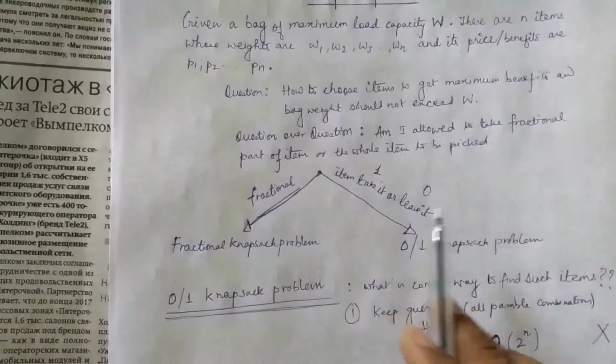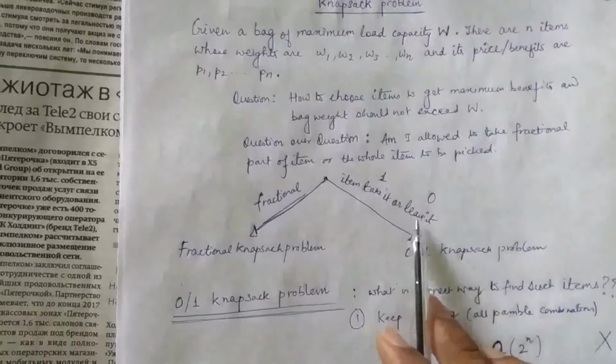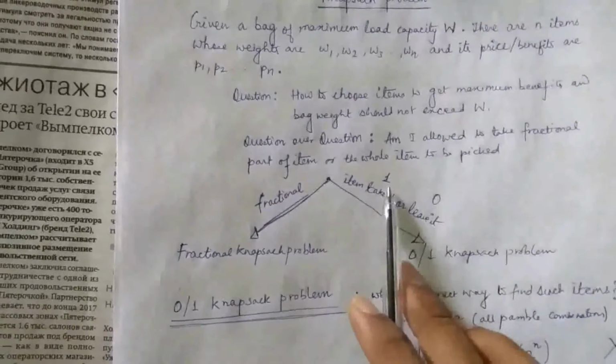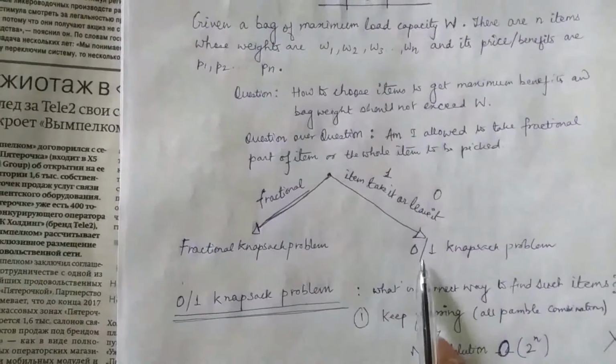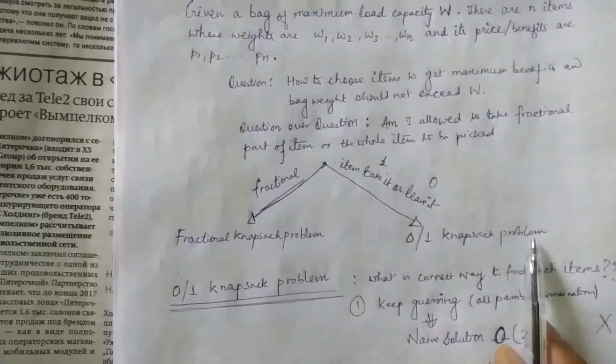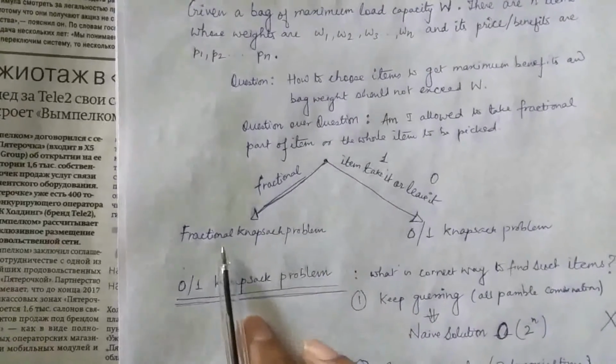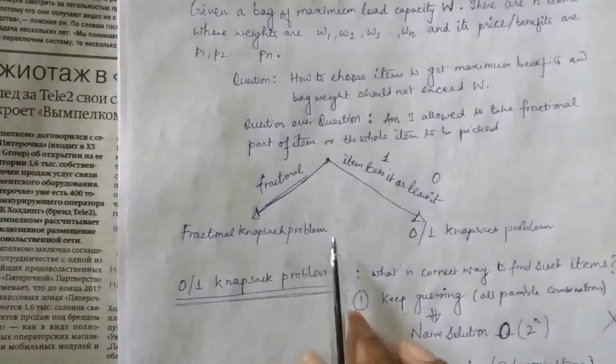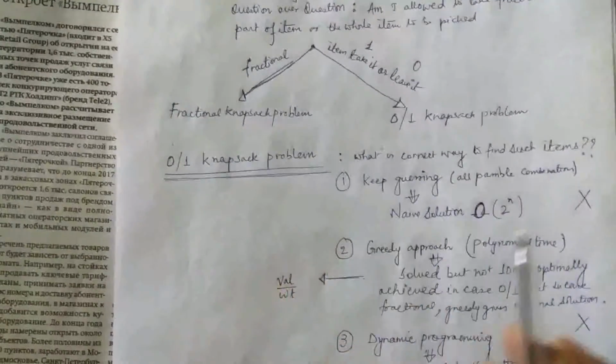For leave it is 0, and for take it is 1. That's why it's called the 0-1 knapsack problem, and the other is known as the fractional knapsack problem. In this tutorial we are going to study the 0-1 knapsack problem.